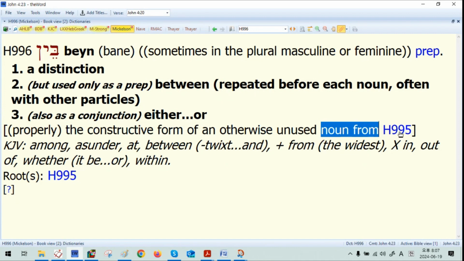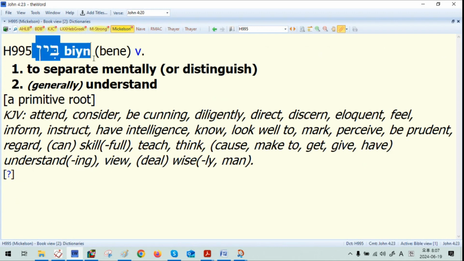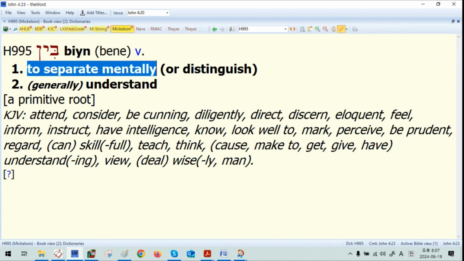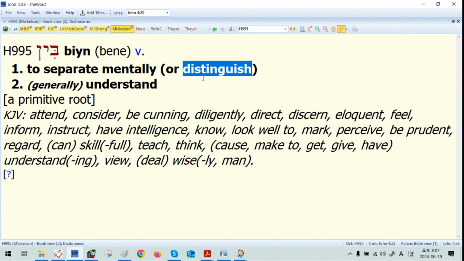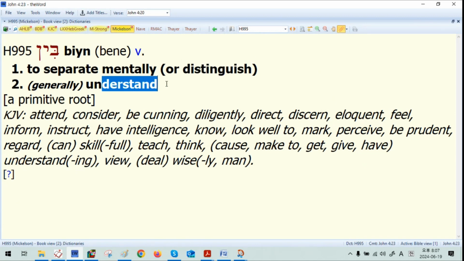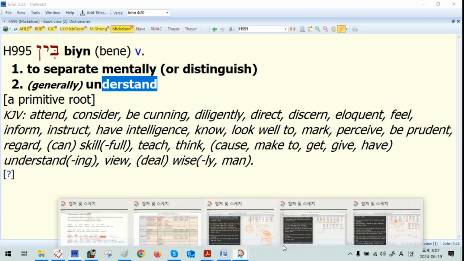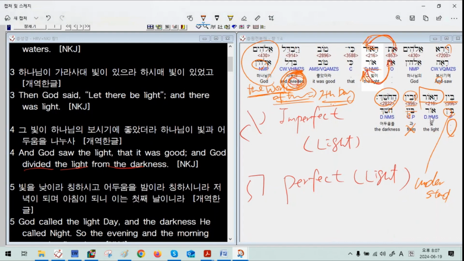This is pen. 995 is the same pen. To separate mentally or distinguish. Understand. You have to understand the light. You have to understand the darkness. That is the work of God who's working inside me.